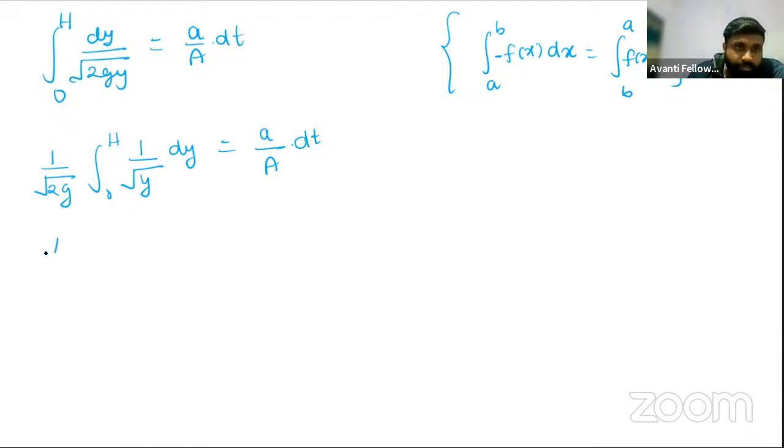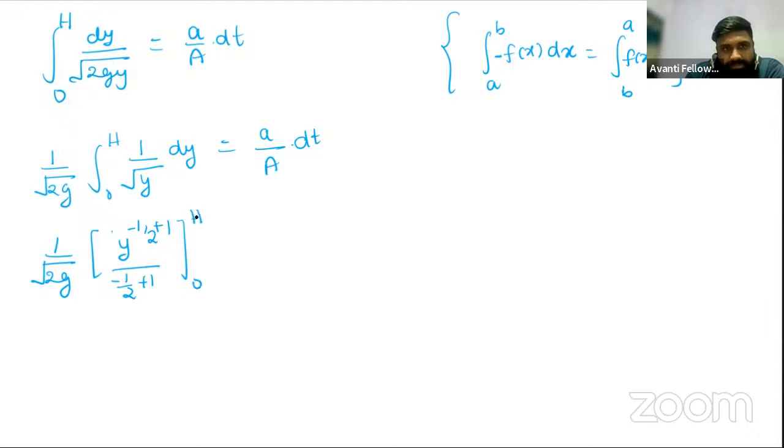Now 1 upon root 2g into this will become y raised to the power minus 1 by 2 plus 1 divided by minus 1 by 2 plus 1, 0 to h, equals to a by capital A dt. Okay.